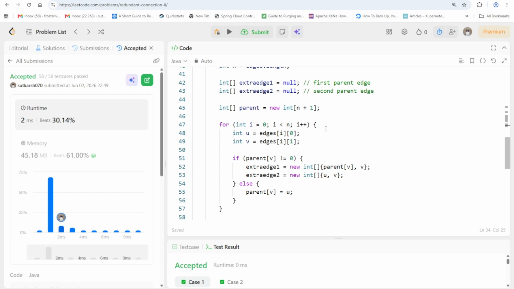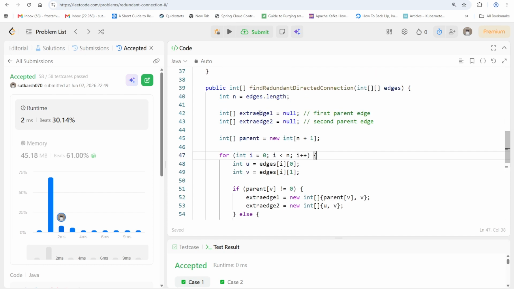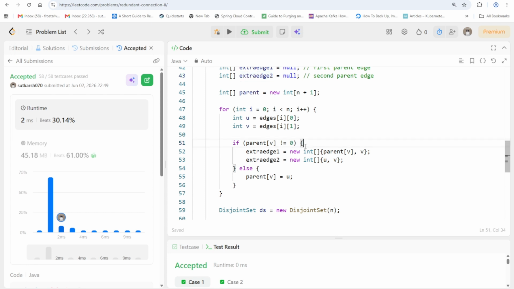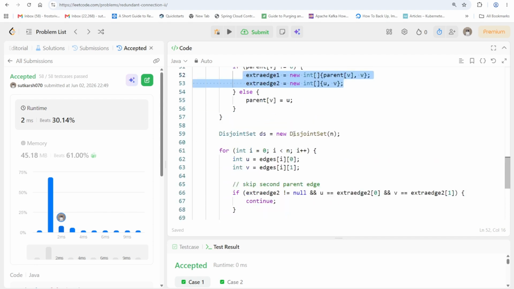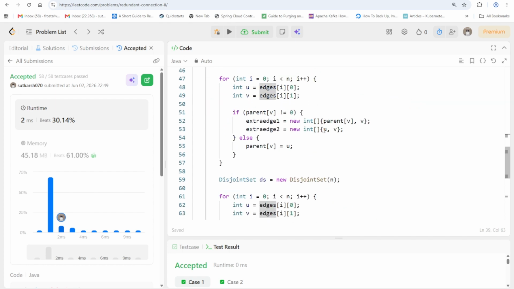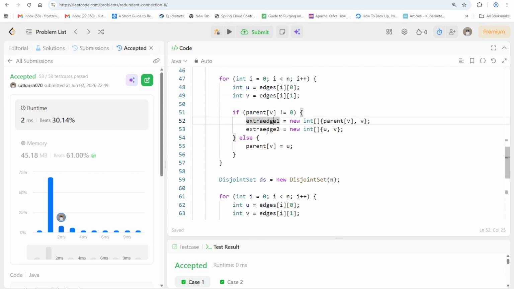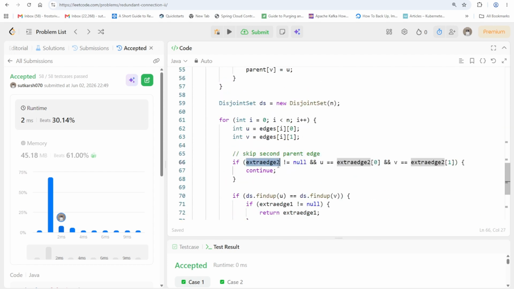The first part of our code was finding the extra edge. We have taken 2, so there will be 2 extra edges, 1 2 2 and 1 2 3, and we are finding the extra edge. As we have told, if that particular index is not 0, it means it has been listed before, so that is the condition where we find the extra edge. Now we are iterating over our main edges array. We have found extra edge 1 and extra edge 2, and we will skip one of them. Suppose we skip the second edge.